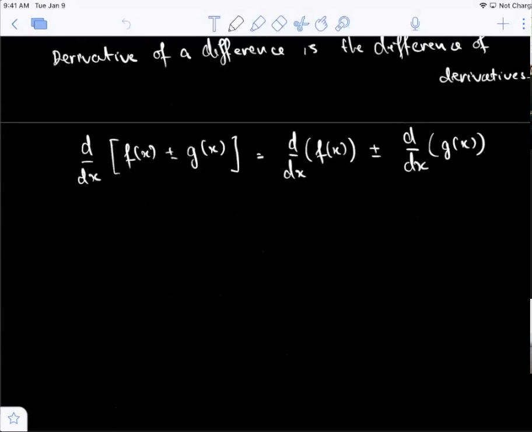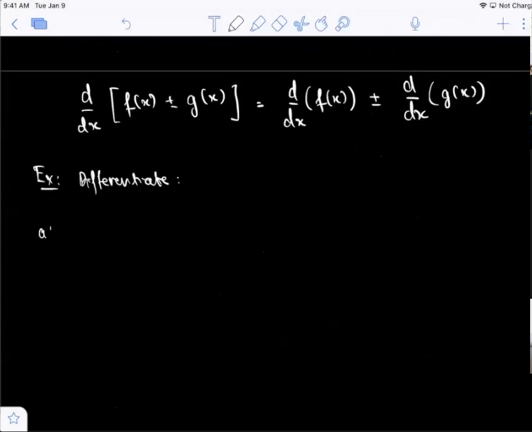So, example. Can you differentiate the following? d dx of x to the 8 plus 12 x to the 5th power minus 6x plus 5. There are additions and subtractions inside the parentheses.